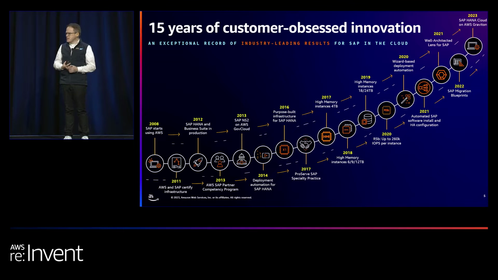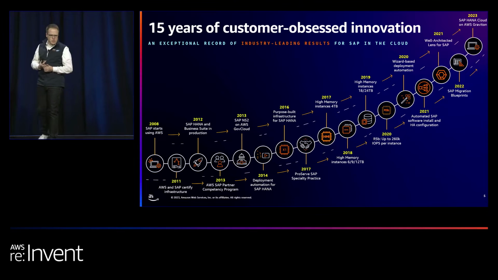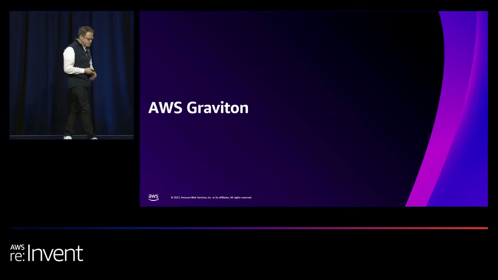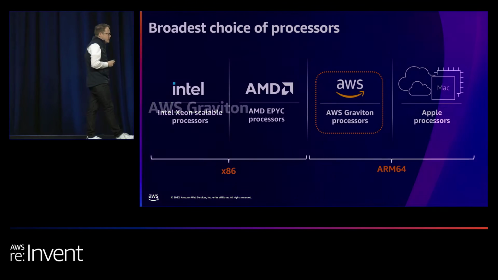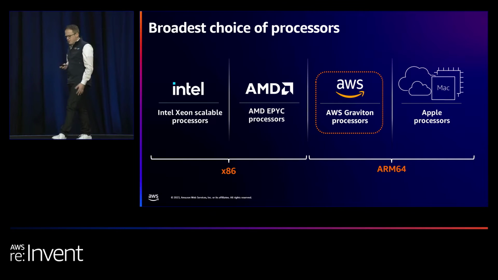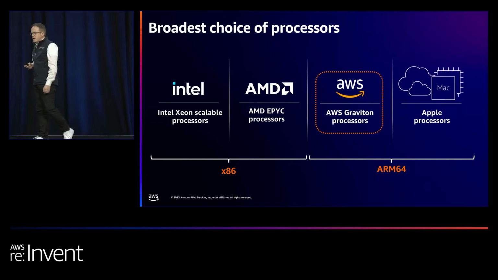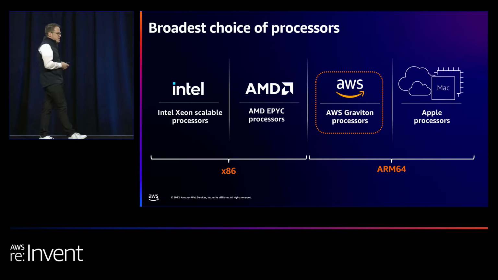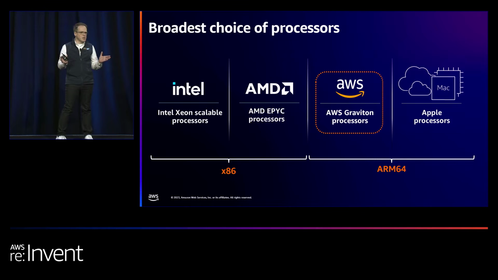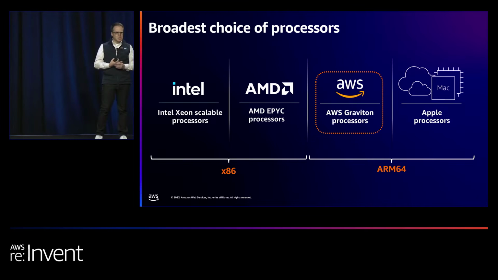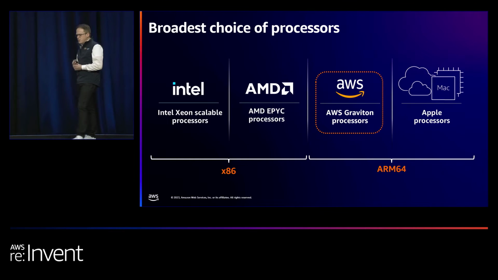But over the due course of time, we got together on this journey towards Graviton. And a little bit about Graviton. I don't want to spend a lot of time on this, but if you look across the portfolio of AWS instances, of course, the largest set of instance types have supported Intel from the very beginning. We slowly started to introduce instances with AMD processors, which are also very performant.